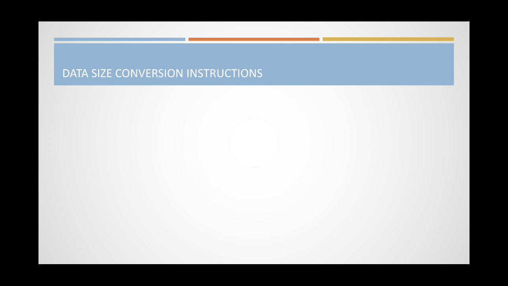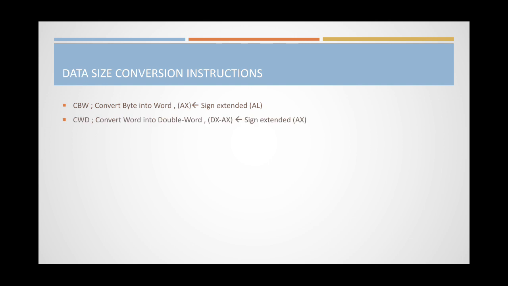Now we are going to discuss data size conversion instructions. There is an instruction CBW, convert byte into word. Before execution of CBW, you will have a byte in AL. After execution of CBW, the value present within AL will be sign extended and converted into AX.